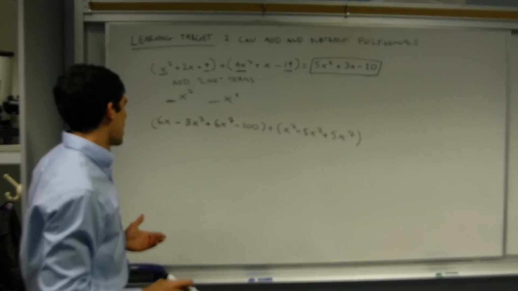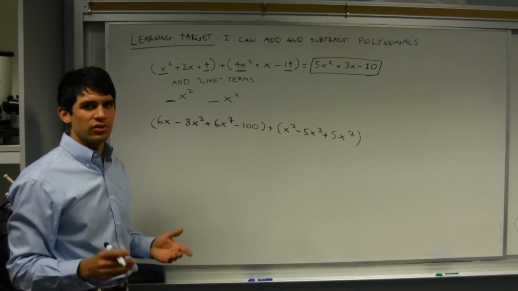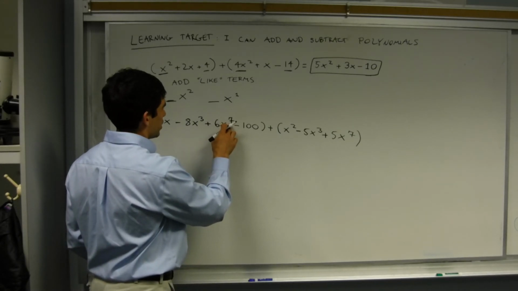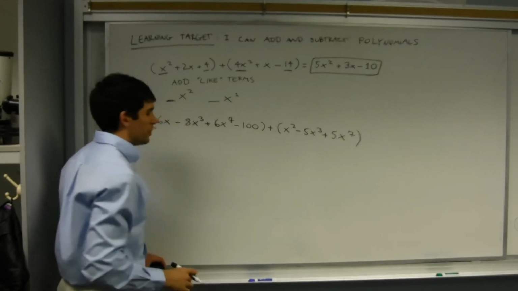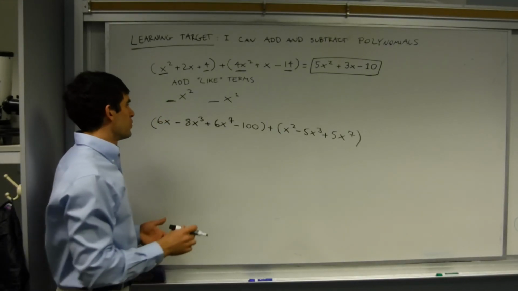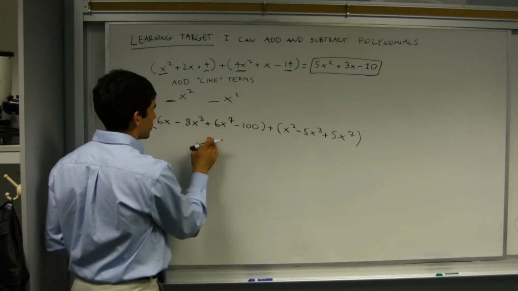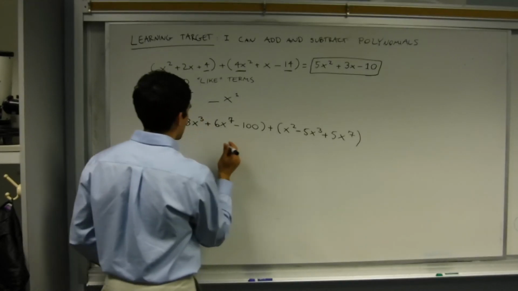So now we have a much higher degree polynomial here. Each of these polynomials is of degree 7. But again, the process is the same. We just take terms that have the same variable and exponent, and we add them together.